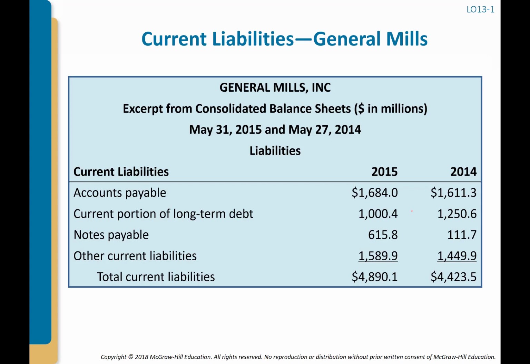Okay, current portion of long-term debt. What's going on here? Well, we may have a note or a bond or something that we signed, say, 5 years ago, right? And at the time that we signed it, obviously it was long-term, extending out these 5 years, right? But what happens if that note now is going to mature the next year? We've held it for 4, we're in the last year before it matures.